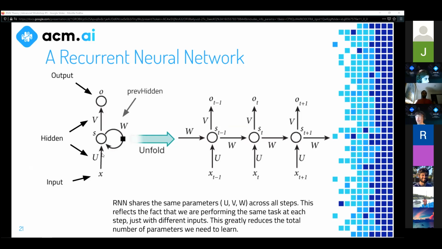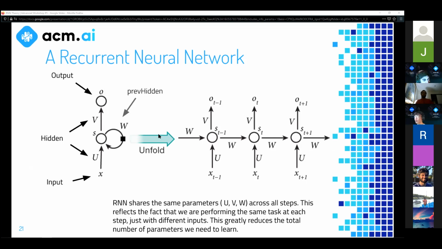In the next slide, this is how the network actually looks. There are three sets of weights, U, W, and V. When you unfold it, what we mean is we're unfolding it across time. In RNNs, this W matrix is the same for every single time step. What changes is the state in each time step.